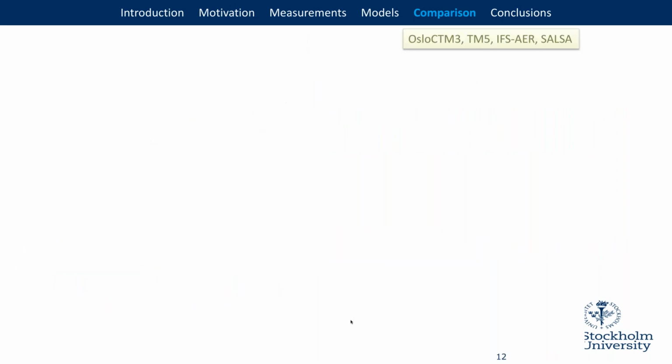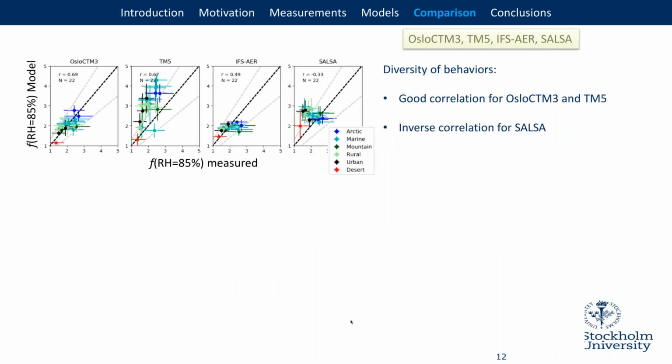And then we can show the same for our last set of models, the last 4 models. And in this case, we see a diversity of behaviors. We find good correlations for some of them. And then we even have SALSA, where we find an inverse correlation. It's the only model showing this.